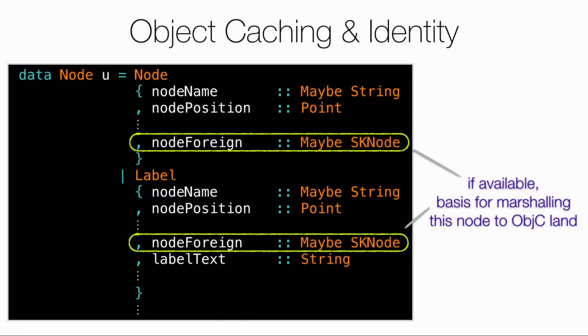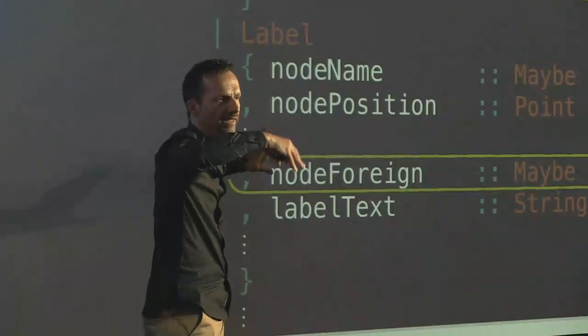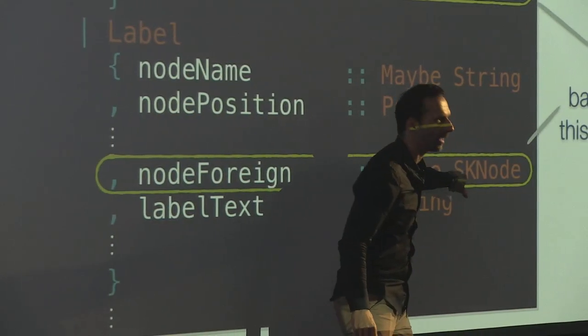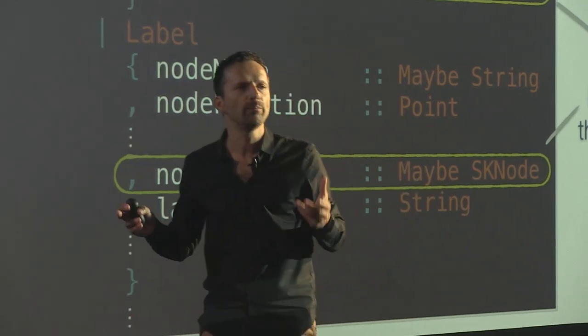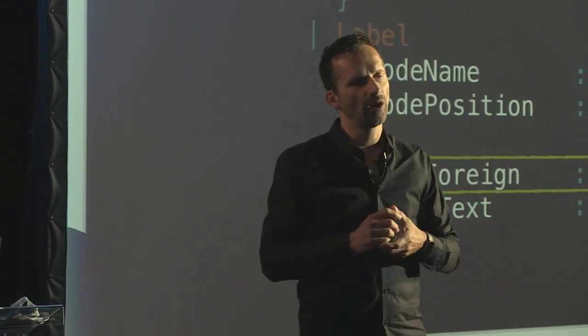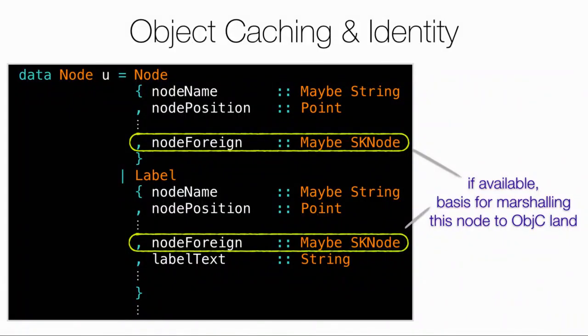Every variant of a node actually got a field called node foreign. It's called node foreign because if that node originated from Objective-C, so it was marshaled over from Objective-C and not just created Haskell side, then it contains something of type SK node, and SK node is a foreign pointer, hence node foreign, a foreign pointer to the Objective-C object instance.